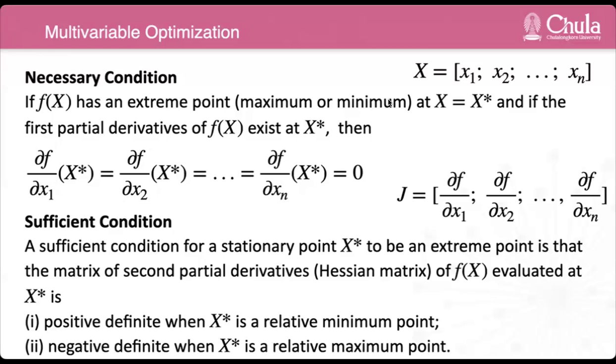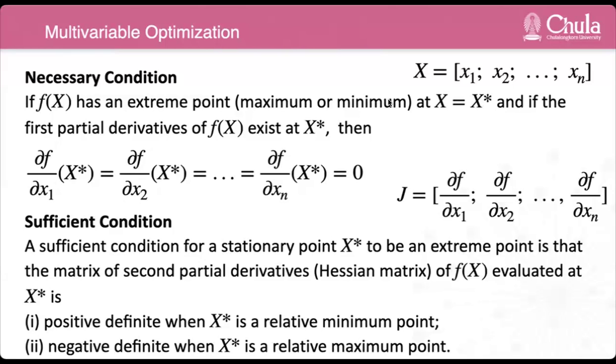We put the derivatives of f with respect to each dimension in a vector. This vector we call the Jacobian, J. And this is a necessary condition, right?